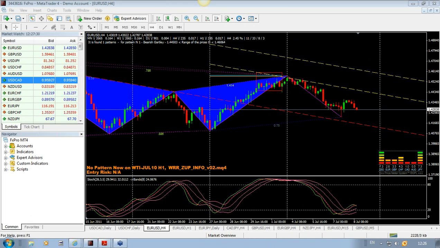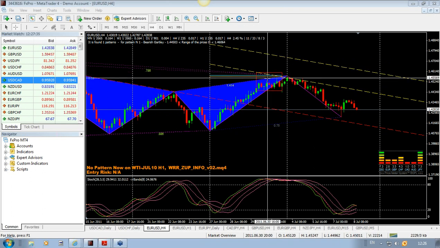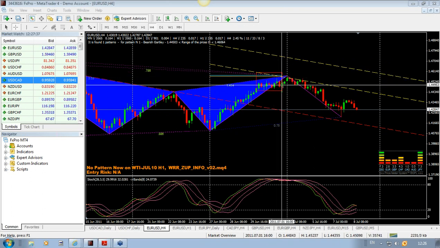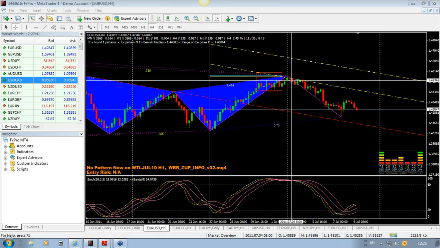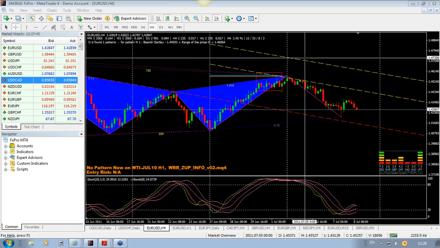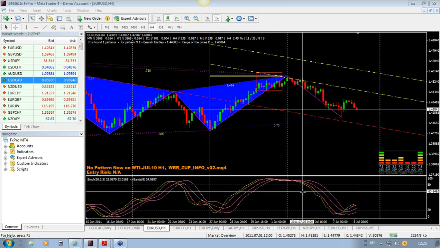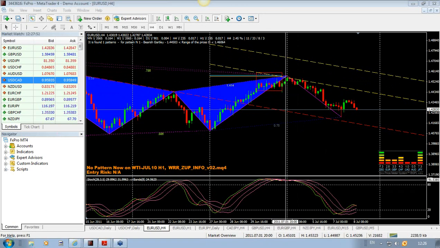Correct. But I do also accept entry out of the range, as long as I still sit on one of the dotted lines and this indicator, which I will explain a little later, is in the overbought or oversold area.